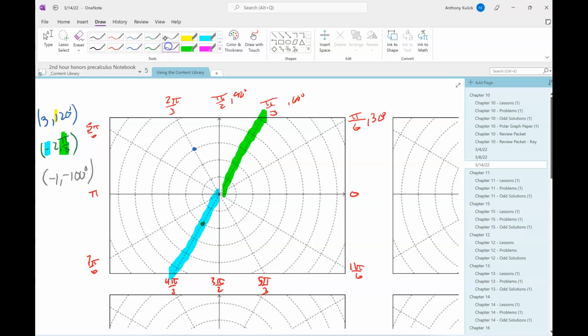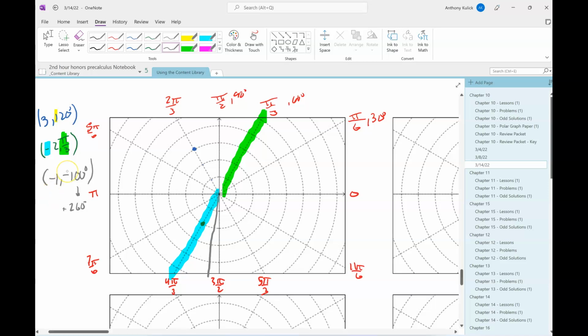Negative 100. Same thing as positive 260, right? Everybody's cool with that? Which is like right in here-ish. Everybody's okay? I draw my own line in there. Yes?